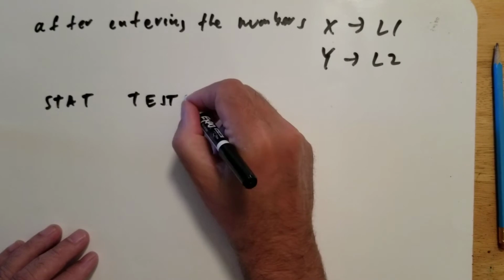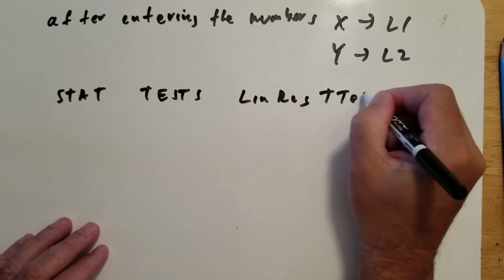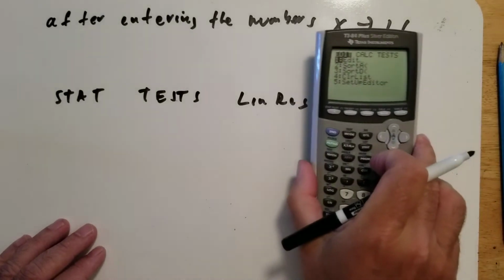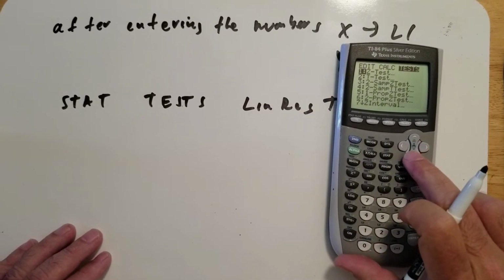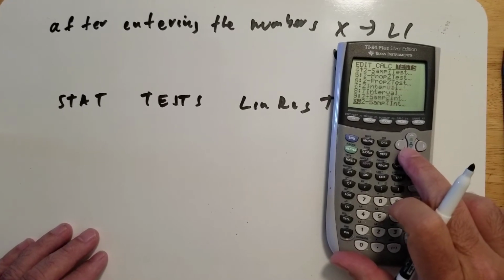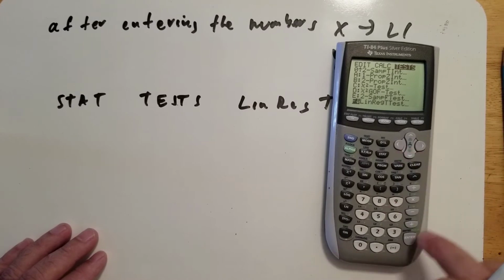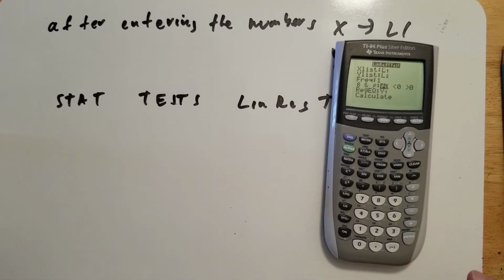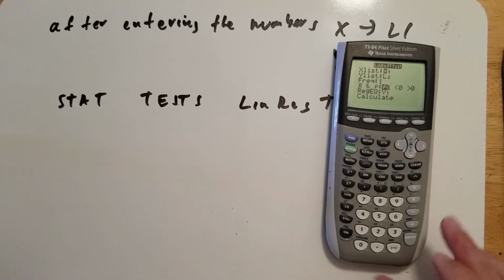Then I'm going stat, tests, and I'm arrowing down to LinRegTTest. There it is. And this is the one that we did when we did the hypothesis test for correlation.